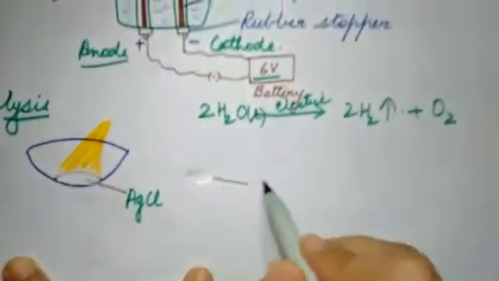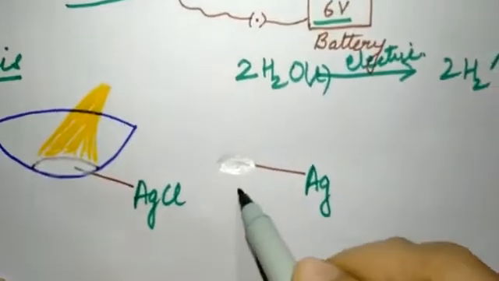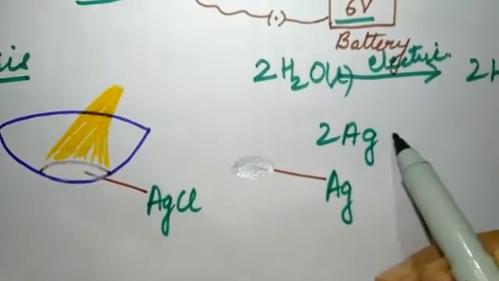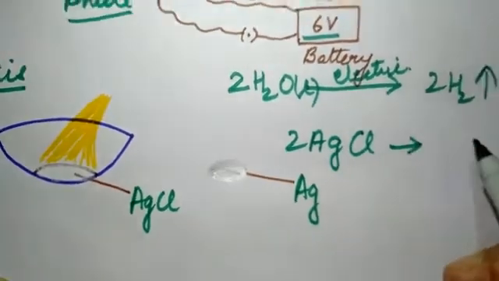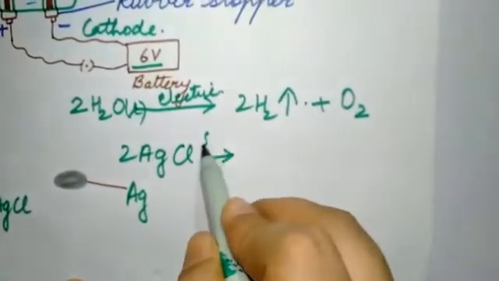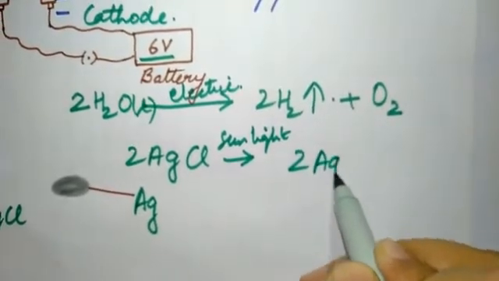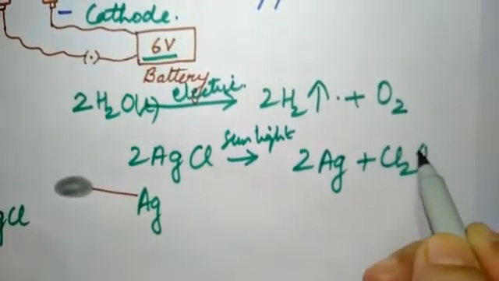This is the silver formed after the reaction. So 2AgCl in the presence of sunlight decomposes into silver and chlorine gas evolved.